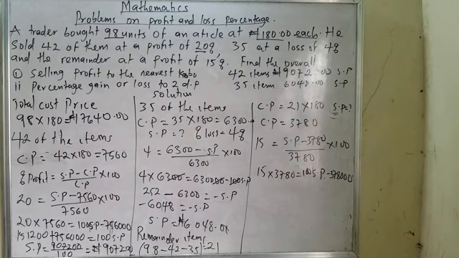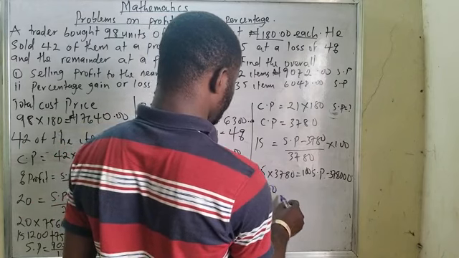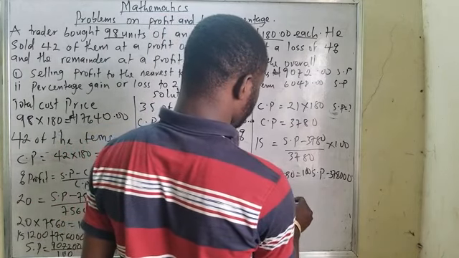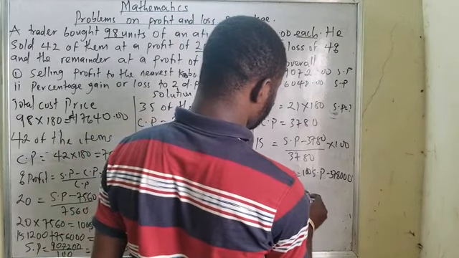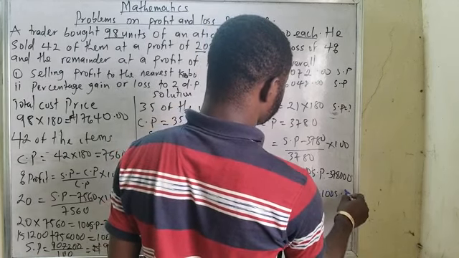Now, if I multiply this by this, can I reduce anything? I think so, but do I need to? It's not necessary. Okay, it means I'll be having 56,700 plus 37,800 equals 100 selling price.